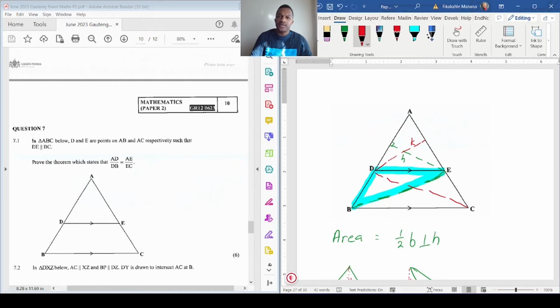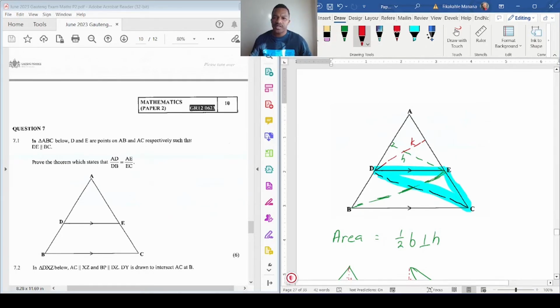All right, we are now working. Let me just rub this one because we're done with it. We are now working with this triangle, DEC, that triangle. That's going to be our obtuse triangle that we're working with.